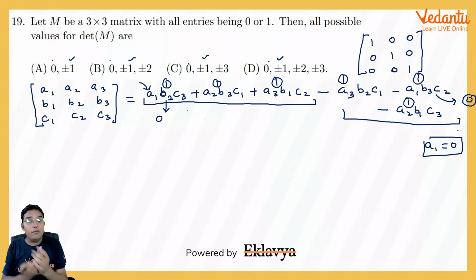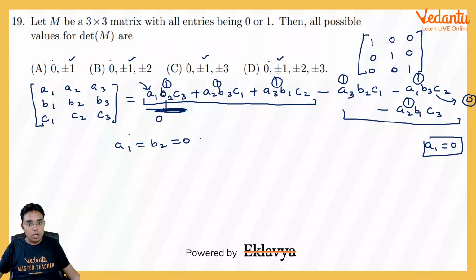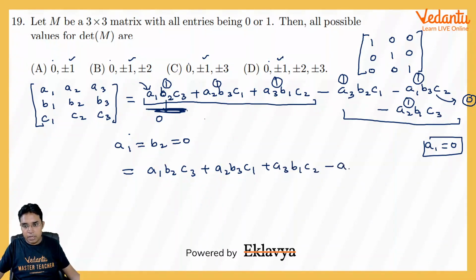Then how can we have 1, how can we have 2? Please see. If I make 2 elements of this first term, that is A1 and B2, both 0, let me write it once again: A1, B2, C3 plus A2, B3, C1 plus A3, B1, C2 minus A3, B2, C1 minus A1, B3, C2 minus A2, B1, C3.